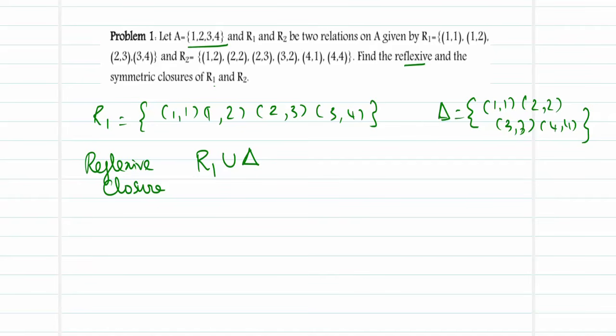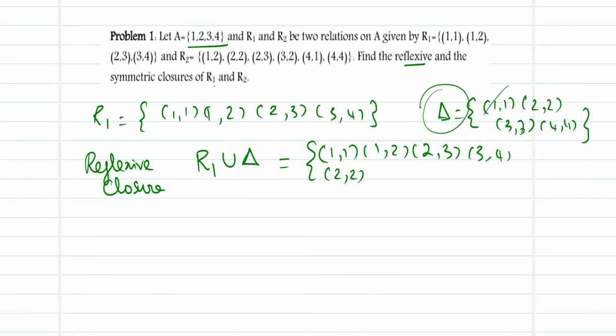My R1 is here, so I take the union of all. (1,1), (1,2), (2,3), (3,4) of your R1 is existing, and I top it up with this delta. (1,1) is already present, so we ignore it. I introduce (2,2), (3,3) and (4,4). Now this new relation contains all the elements of reflexivity. Hence you call this the reflexive closure.